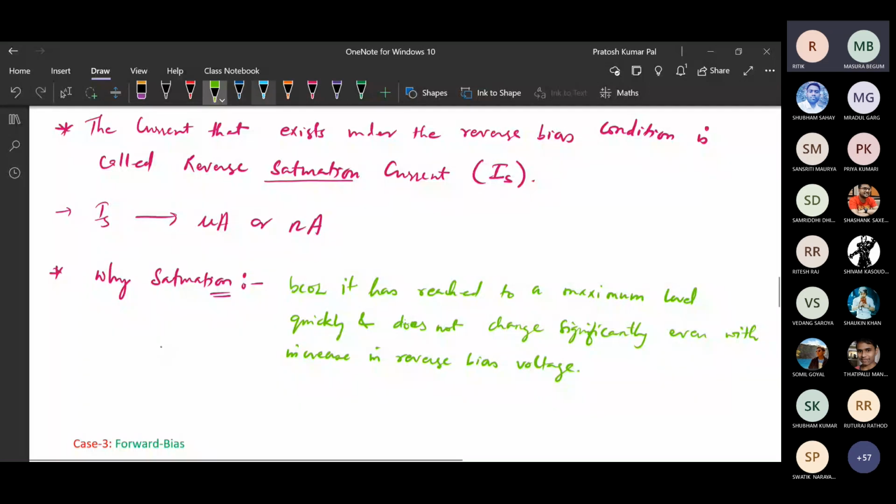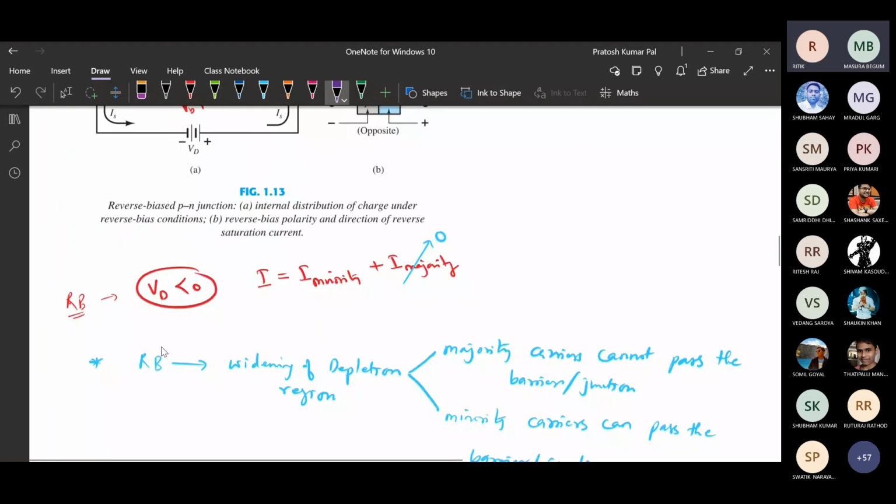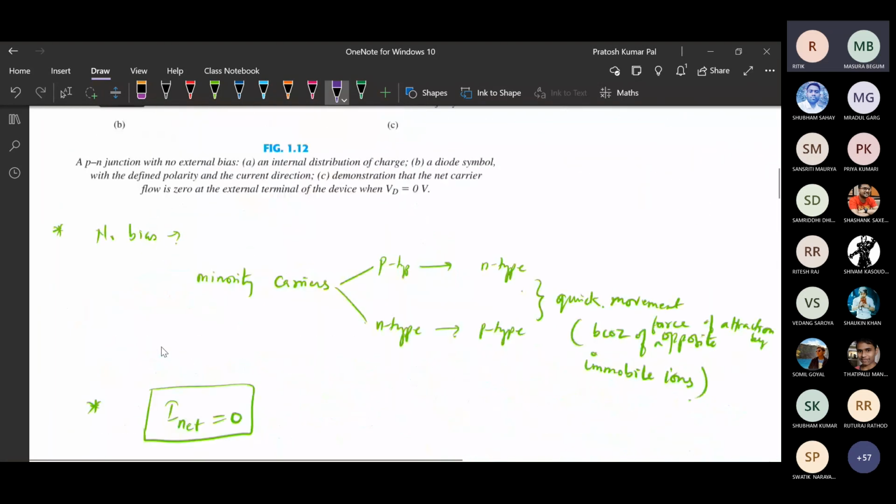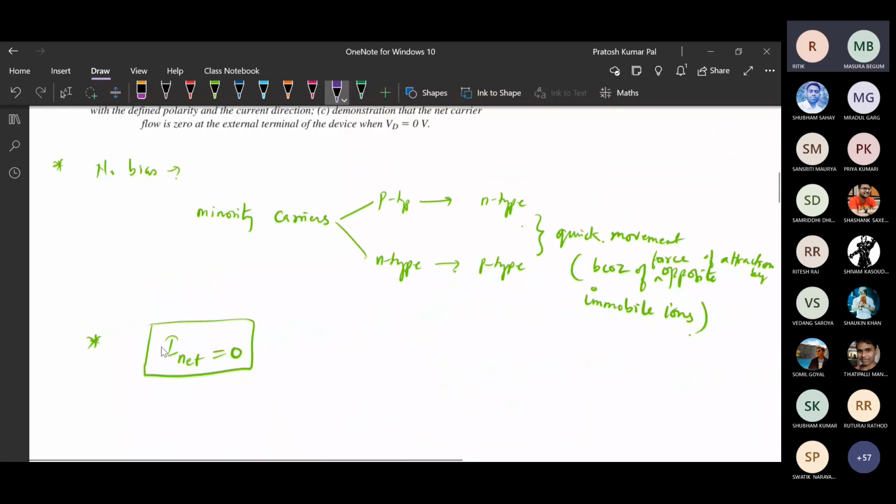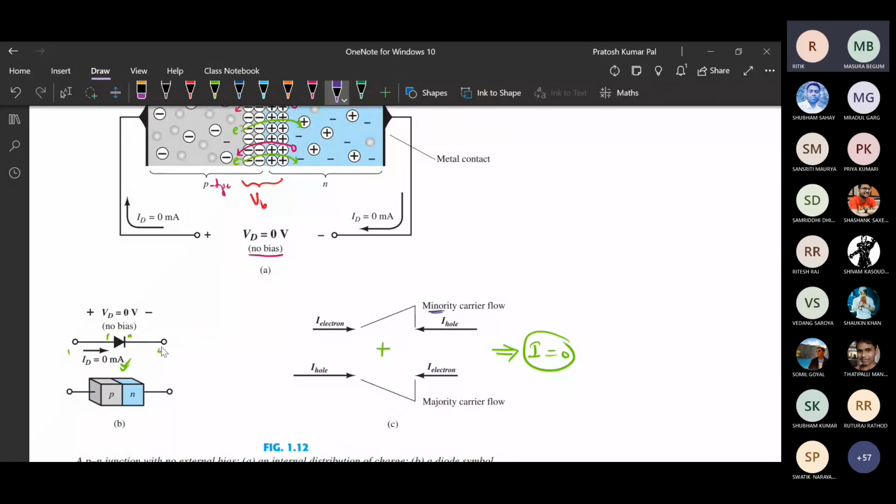Also, one point we can note here is that in the case of no bias condition, we have seen the minority carrier current was there in the no bias case also. So in the no bias case, there was minority carrier flow, and also there were majority carriers.